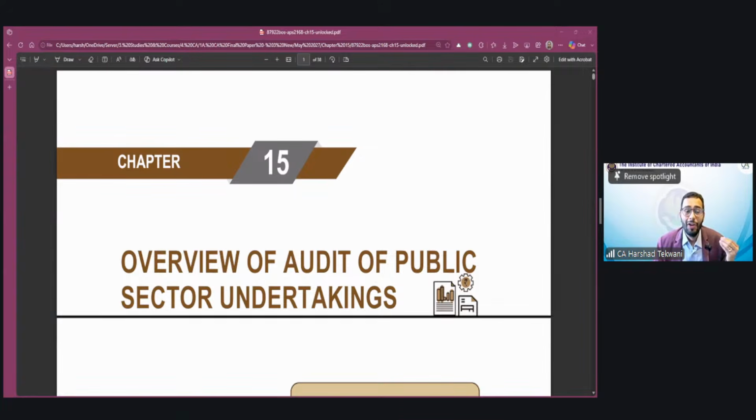How can I identify that this particular entity is a public sector undertaking, or that this entity is not a public sector undertaking? Anyone? No?